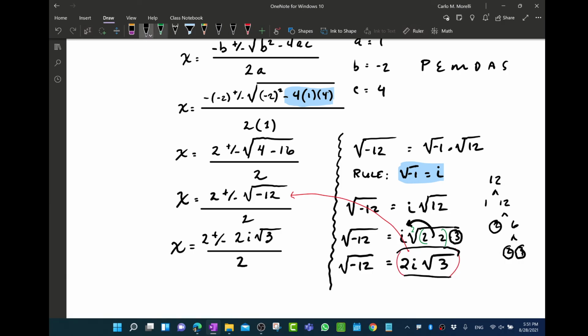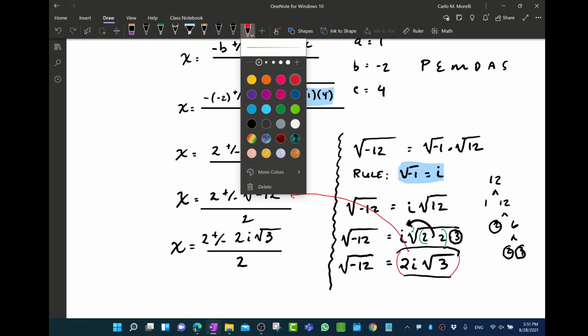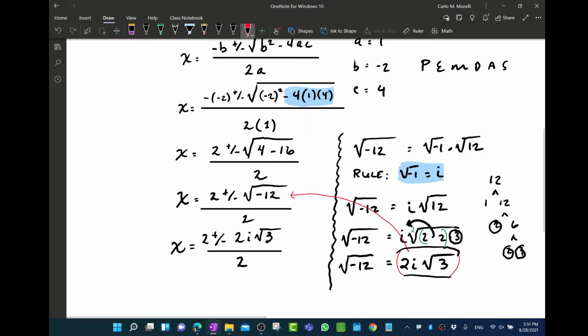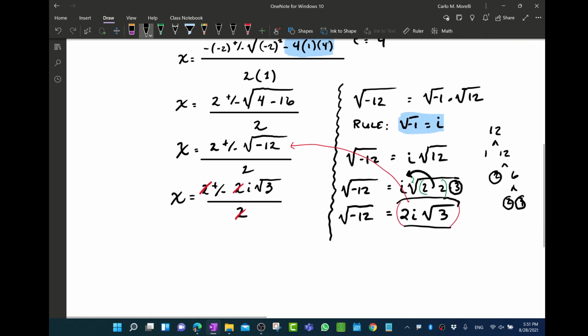And now there's a beautiful thing that's happened. Notice that in every term, we have a 2. So there's a 2, a 2, and a 2. So they can all be canceled, right? So that simplifies things quite a bit.